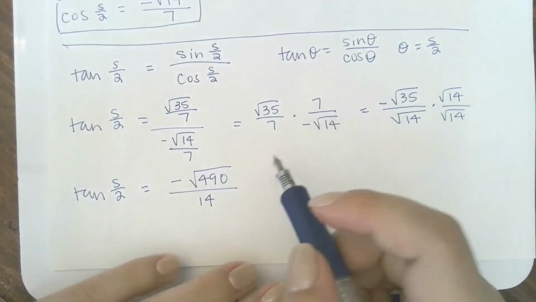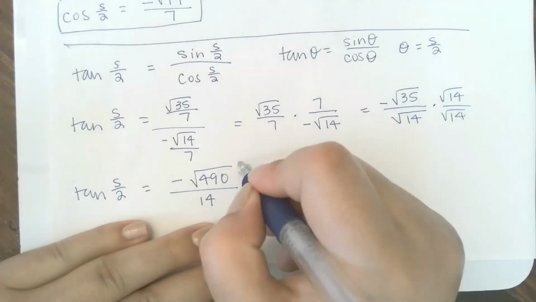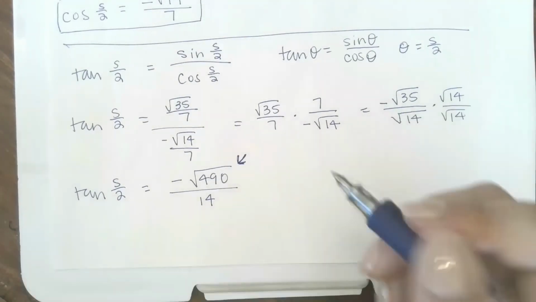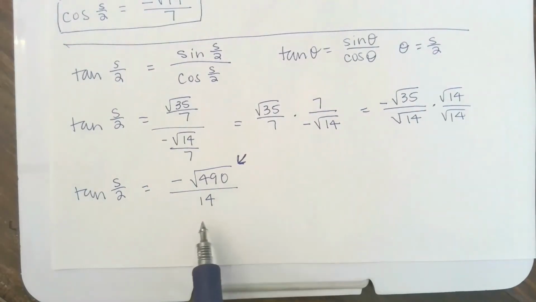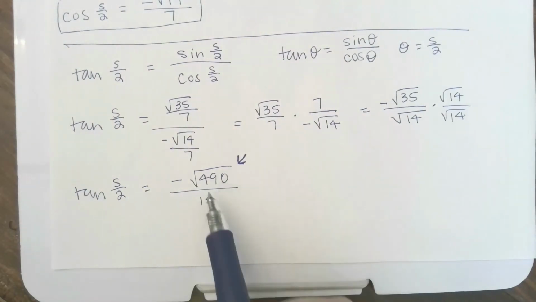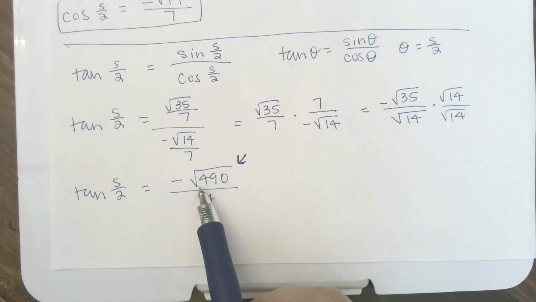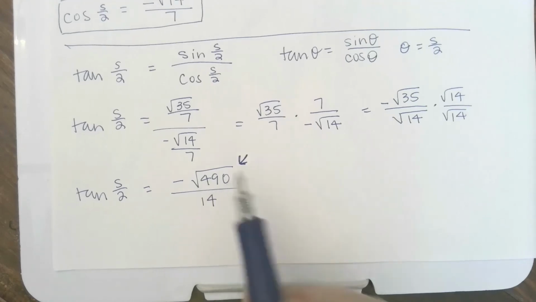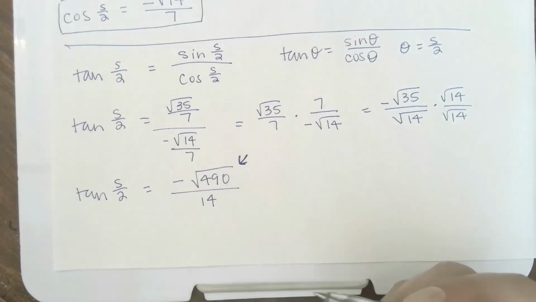And then we're not done yet, because you can see from here that this square root of 490 can be simplified again. This is the same thing as 49 times 10, and the square root of 49 is 7.